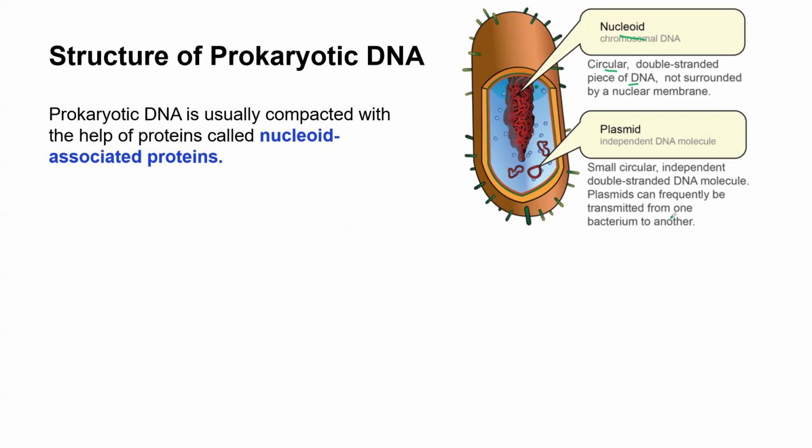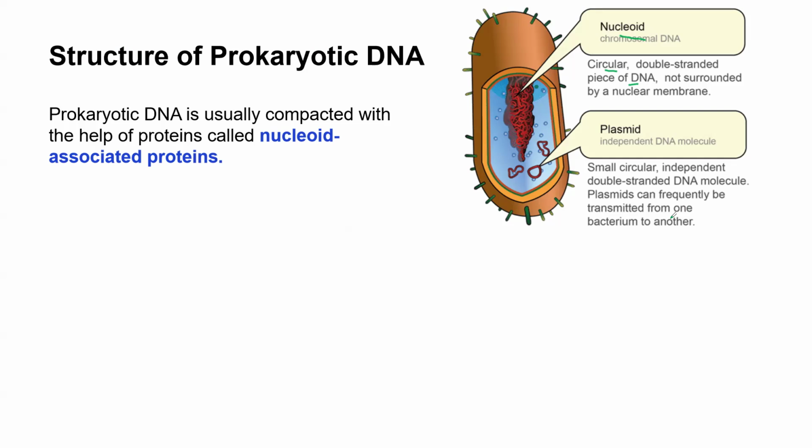In fact, because of this ability to transfer from one bacterium to another, it is usually used in recombinant DNA technology. So it has this potential. It is double-stranded circular DNA, very small, and independent.